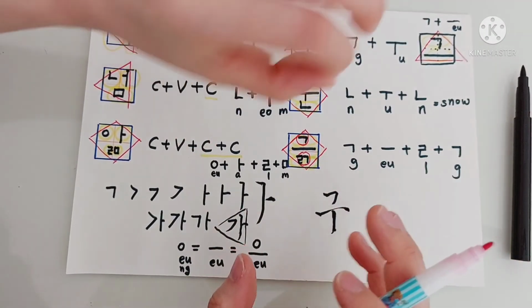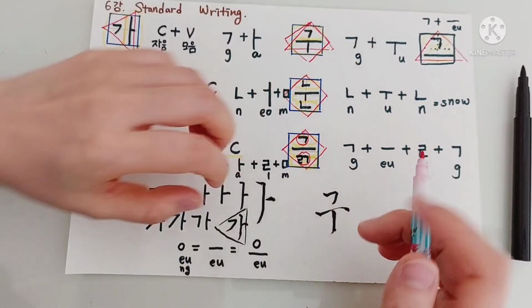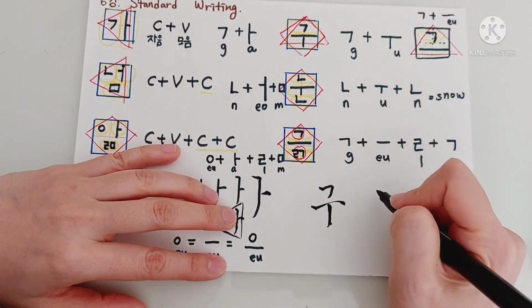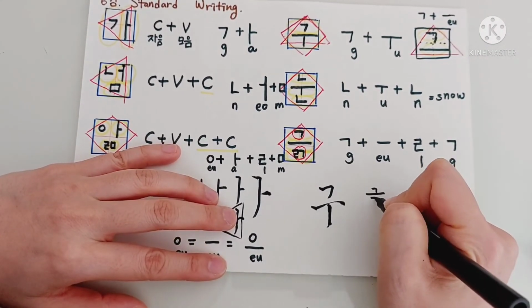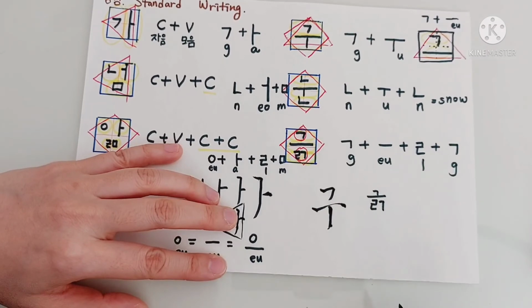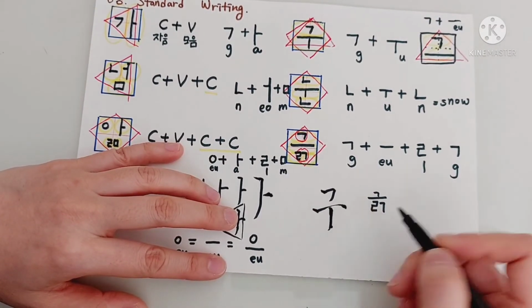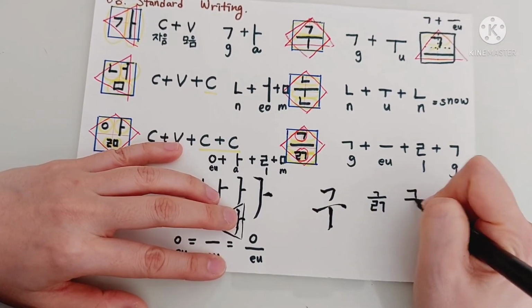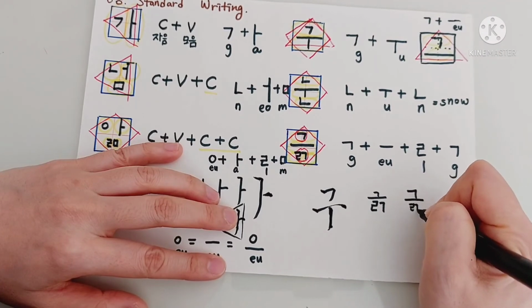If one is too small and one is too big, it's weird. Oh, it's too big, right? Too small.